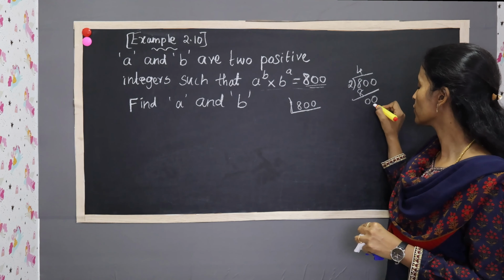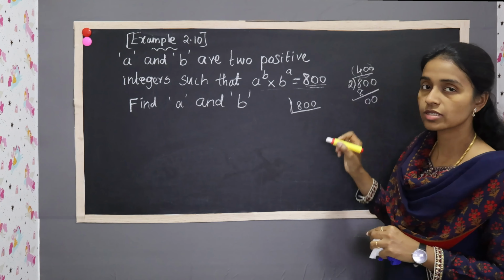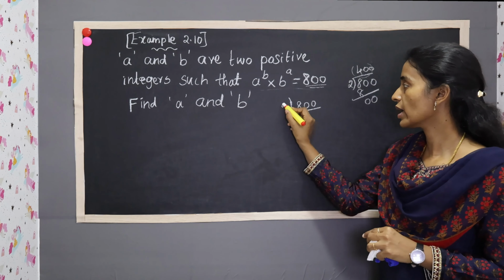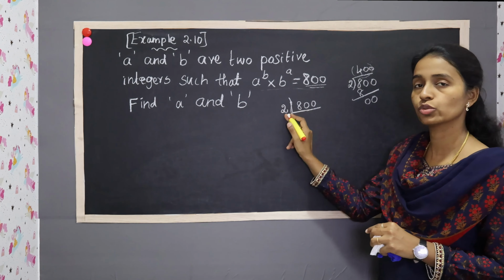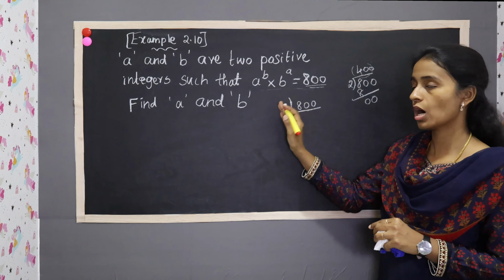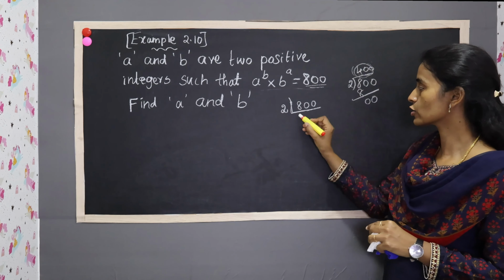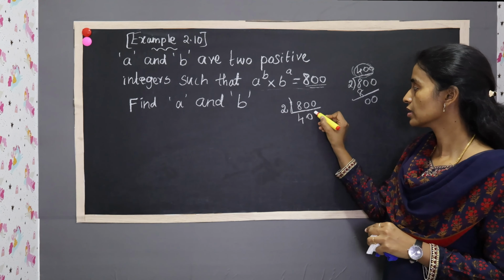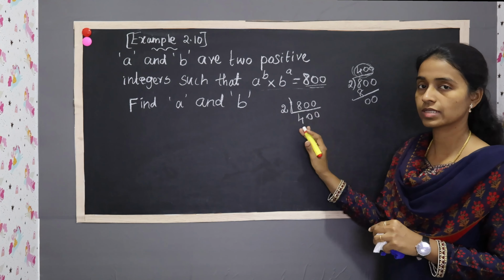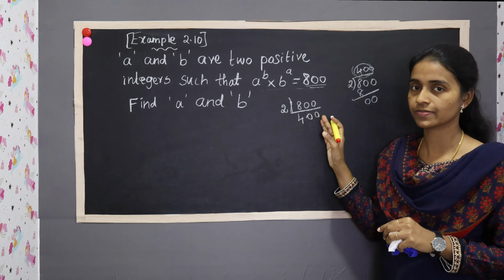And 0, 0, we can bring this 0, 0 along. So my answer is 400. So, I'm dividing by 2, right? We have to write the 2 outside of this L shape, and this quotient, 400, should come to this place. We are using the division process.